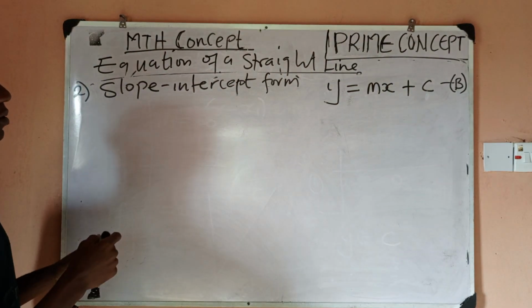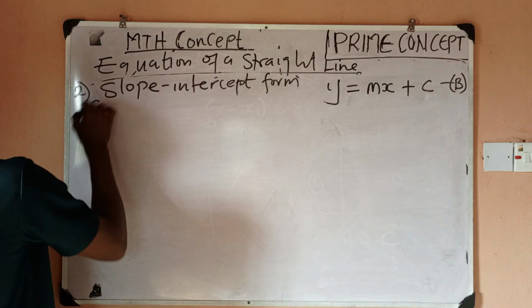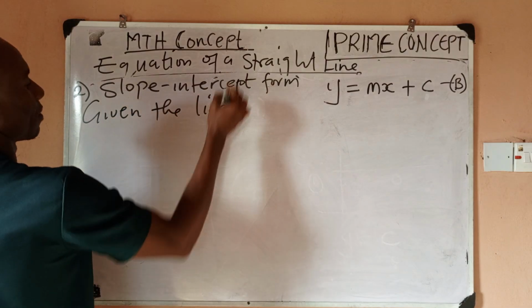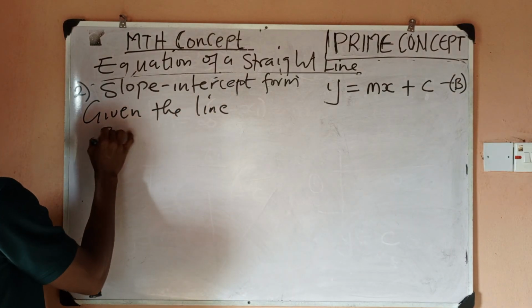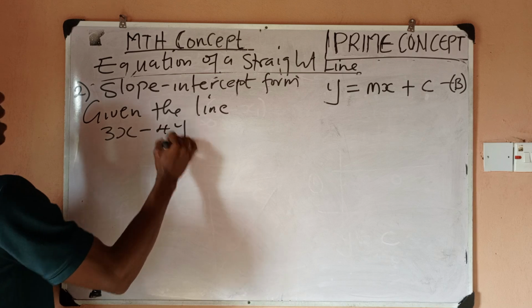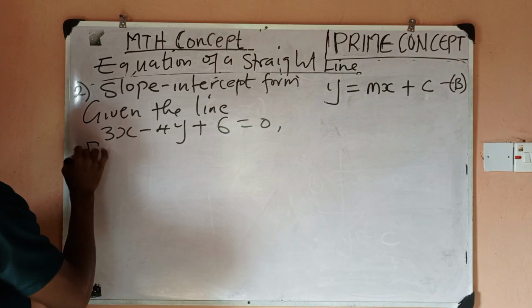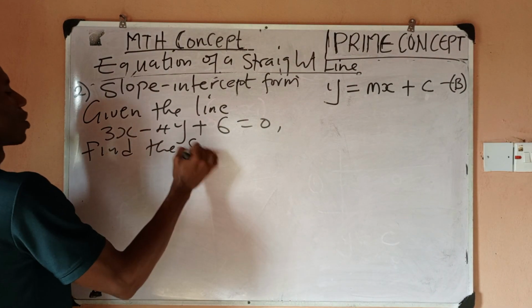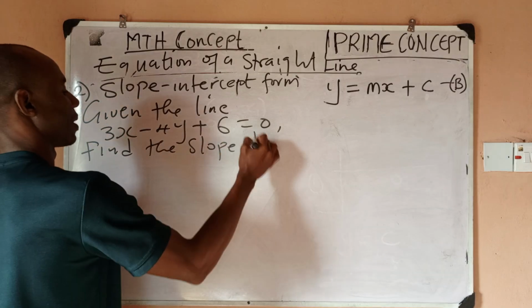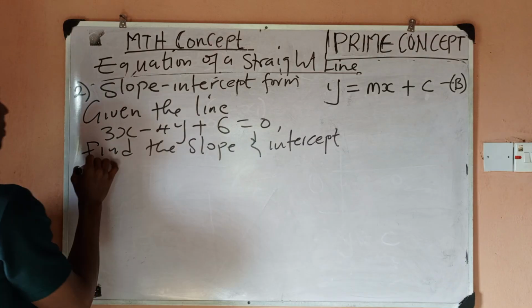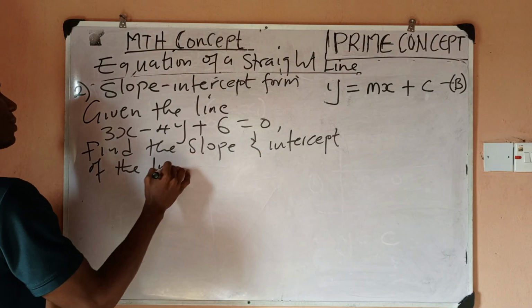Now say you're given the line 3x minus 4y plus 6 equals 0, find the slope and intercept of the line.